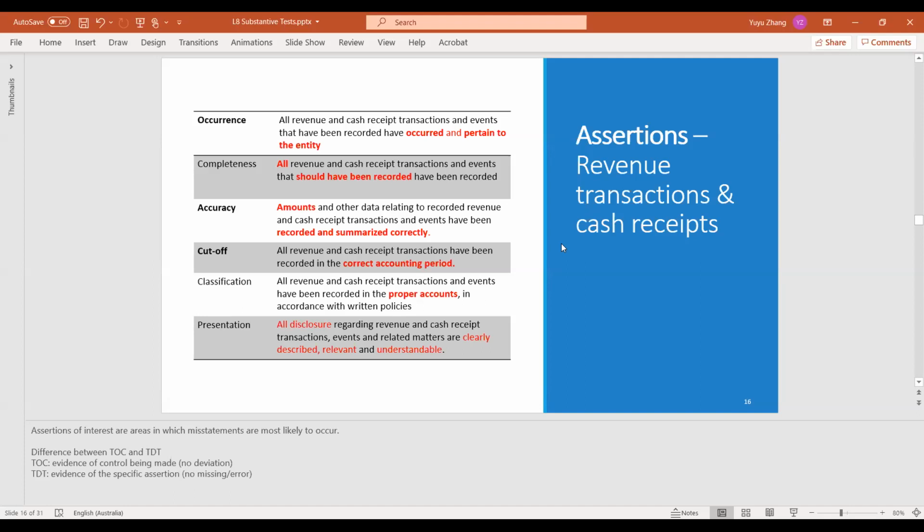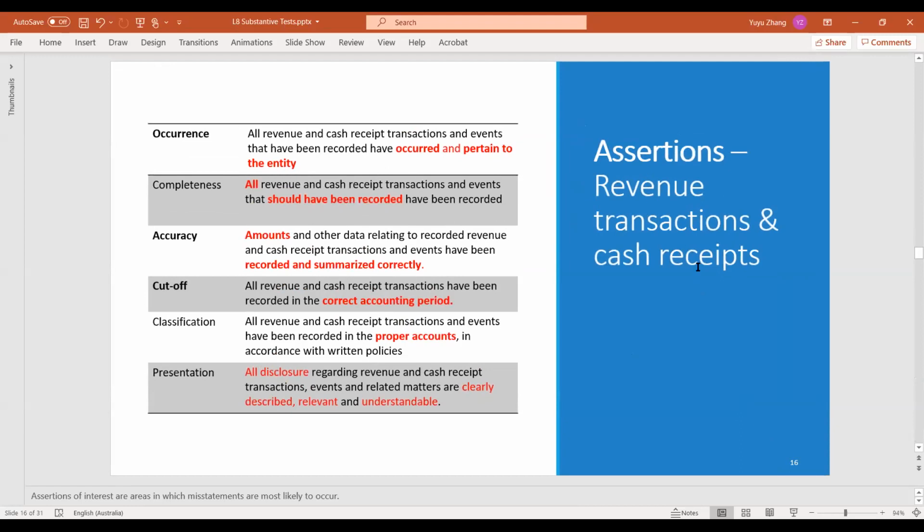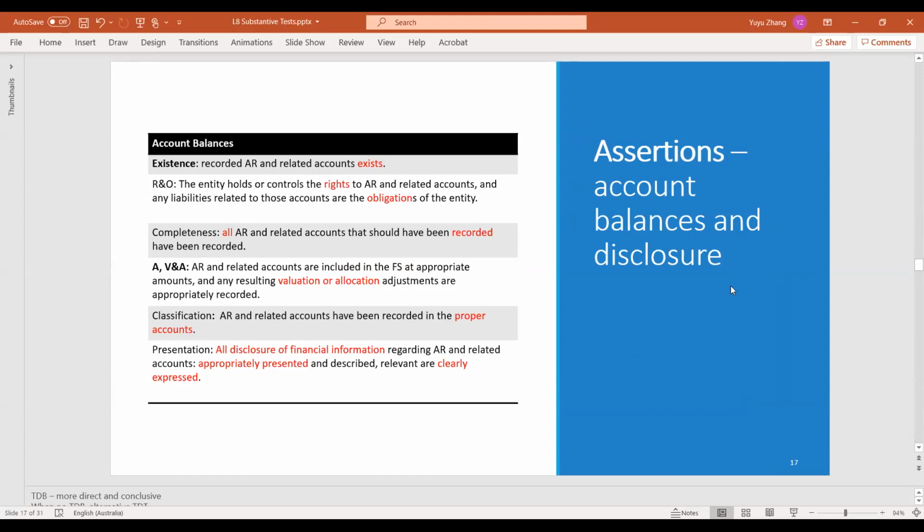So when we are doing the sales cycle substantive test, we will have the assertions on balances and also on the transactions, right? Those are the assertions on transactions. Those are the assertions on account balances.